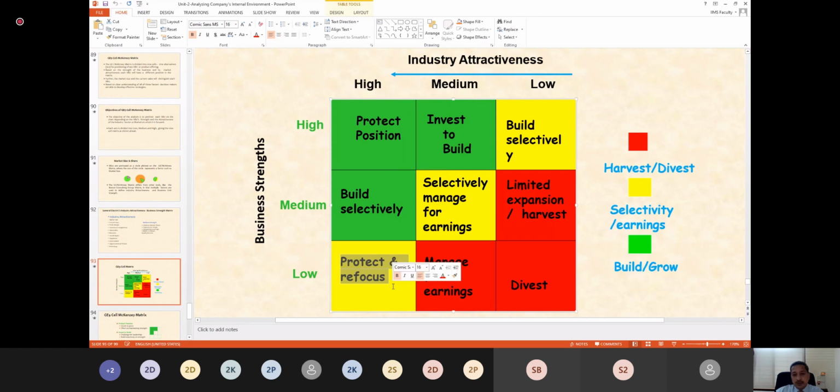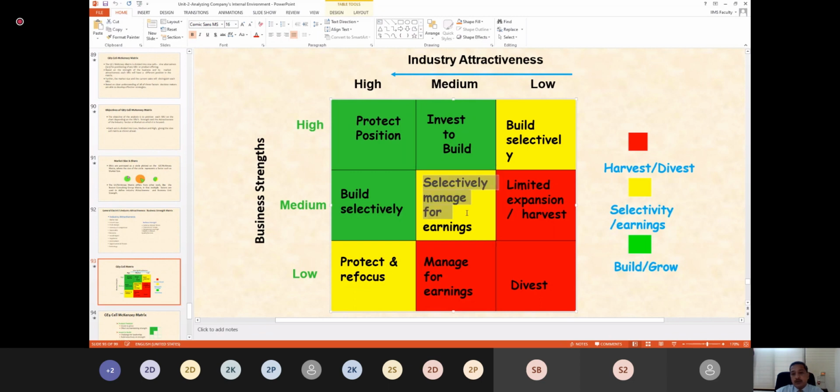So we can protect such kind of business units or product lines because the industry is attractive. Even if we do not have the business strengths presently, that can be built or managed in further time. So we can protect and refocus on such business units. Therefore, we have given yellow color to this category of business units.